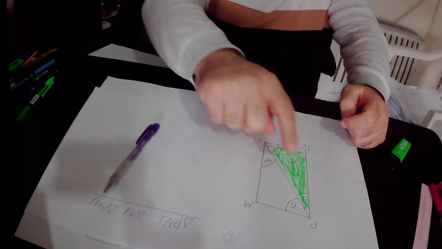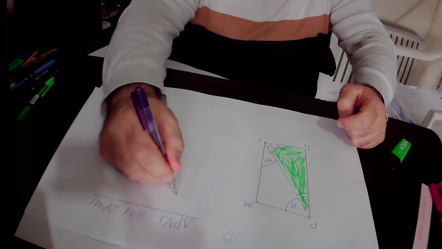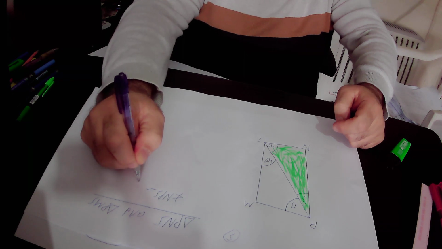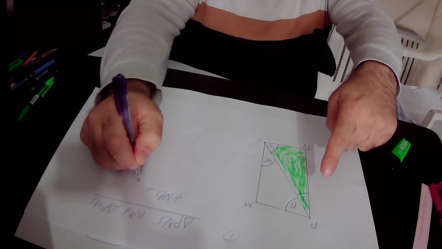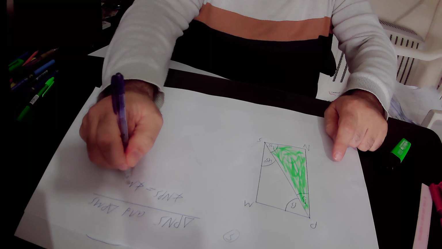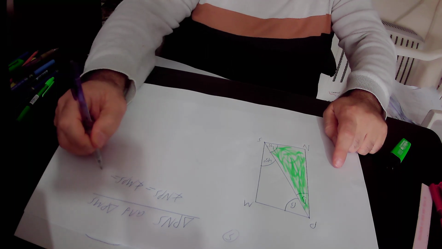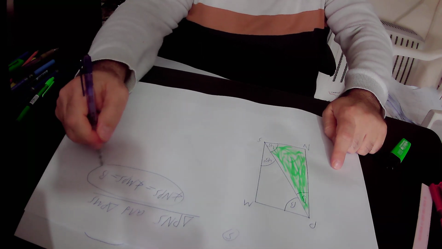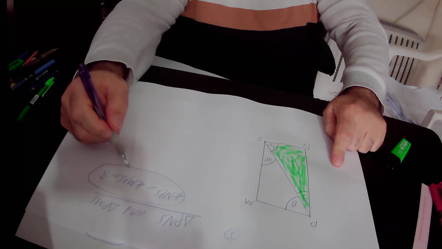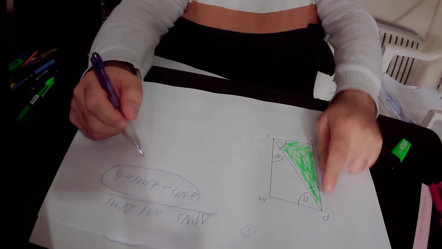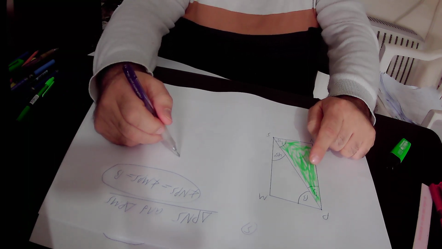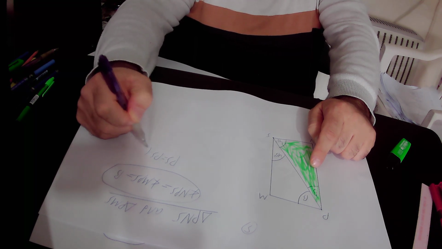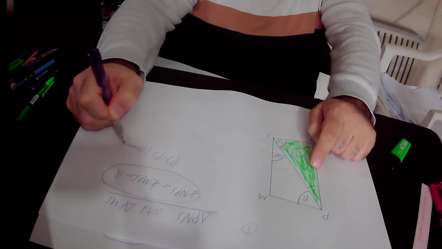So angle NPS in the green triangle is equal to angle MPS in the white triangle, and both those two angles are equal to beta. PS is a common side, it belongs to both triangles, so PS equals PS.